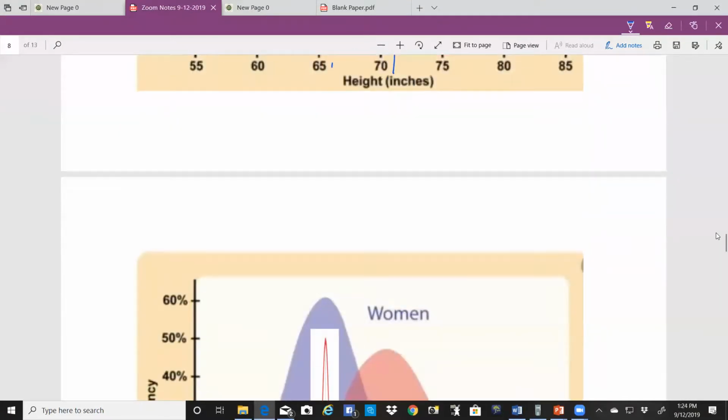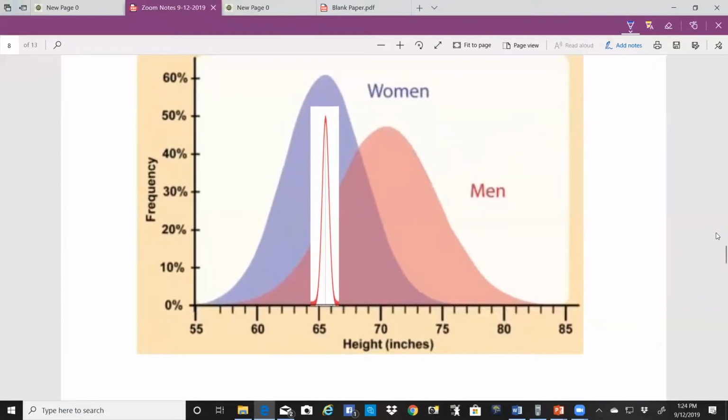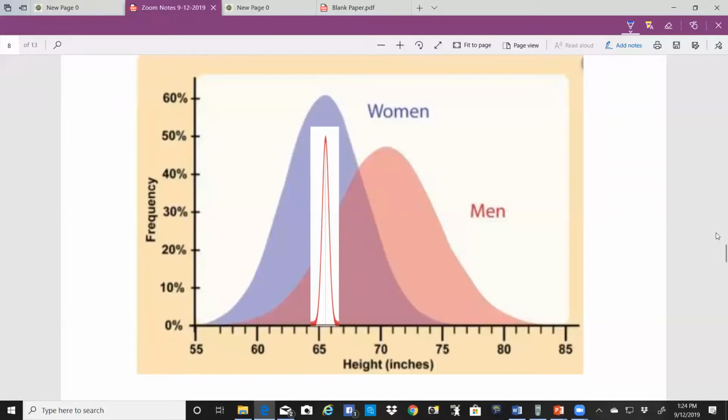By the way, the variation, I think, can be illustrated from this chart. Suppose almost all women had the same height and very little variation. So their distribution would look like this as opposed to what it really is.